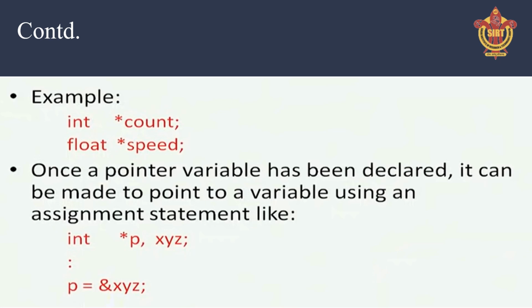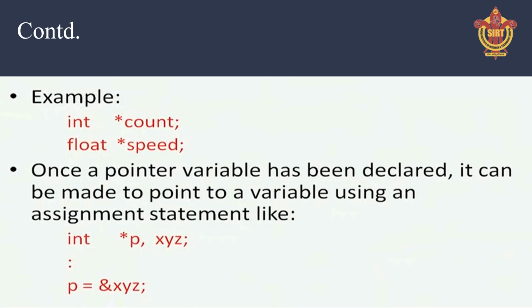Similarly, the next pointer variable is speed, and this speed pointer variable is of data type float. So which type of address will it store? The speed pointer variable will store the memory address of a floating point variable.